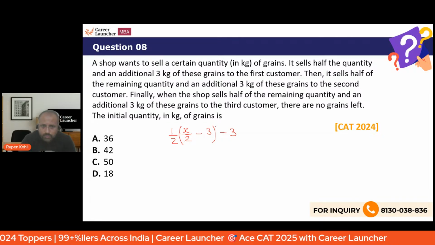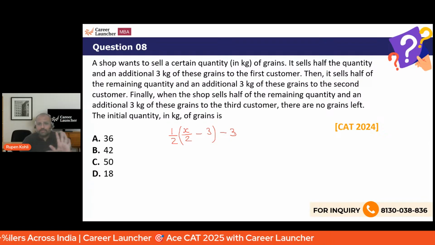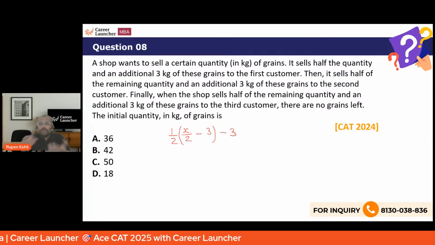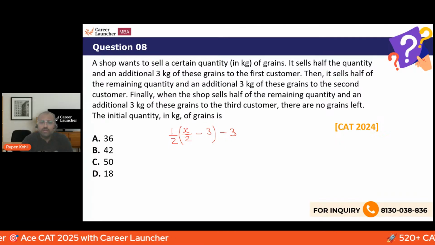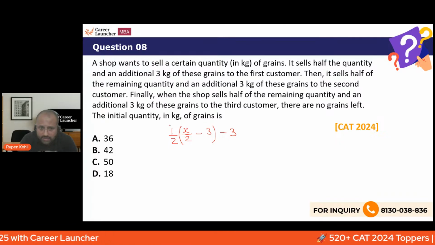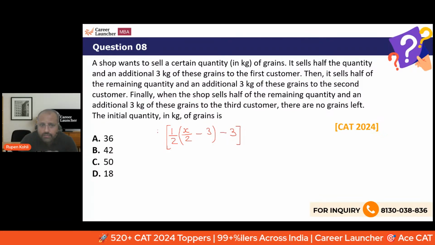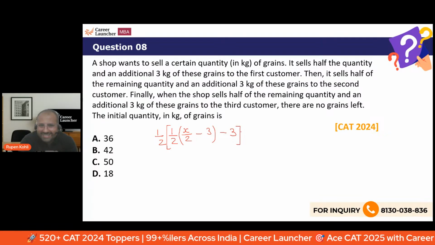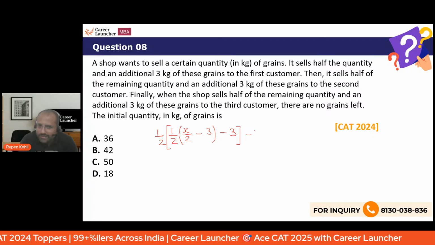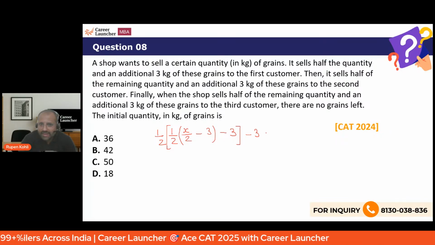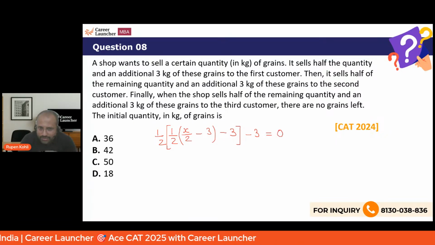So half of this whole expression minus 3. Second customer we have given, and this is what we are remaining. Again, this, in whole brackets, is the remaining quantity. Again we give half of this, so we are left with half of it, right? And we give 3 more, so we are left with 3 less, minus 3. And finally we should be left with nothing, so this should equal 0.